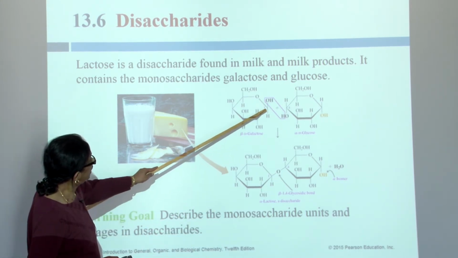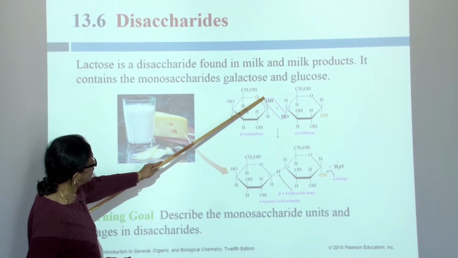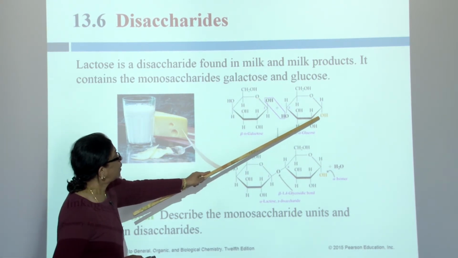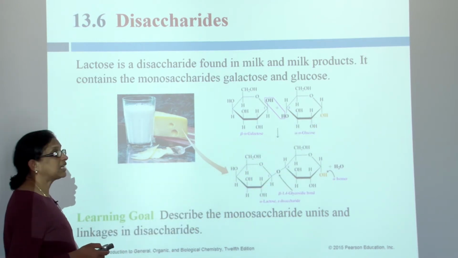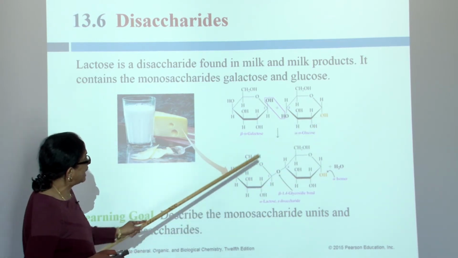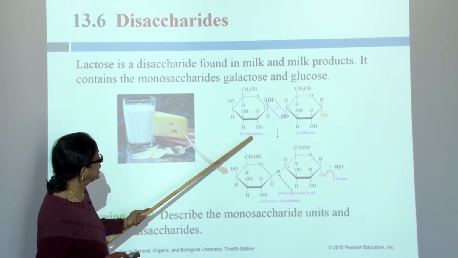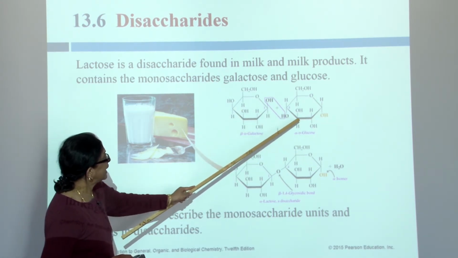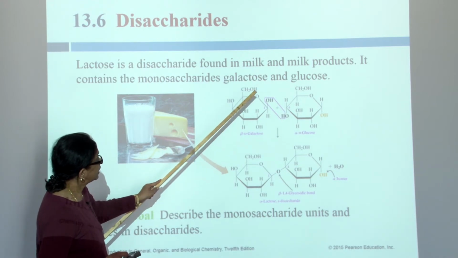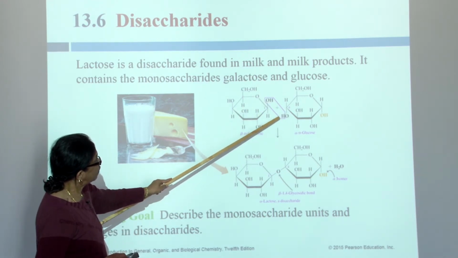Beta: the OH on carbon 1 is above the ring. Alpha: the OH on carbon 1 is below the ring. So beta D-galactose and alpha D-glucose are connected by eliminating a water molecule.